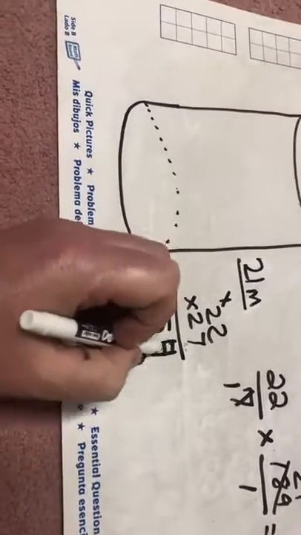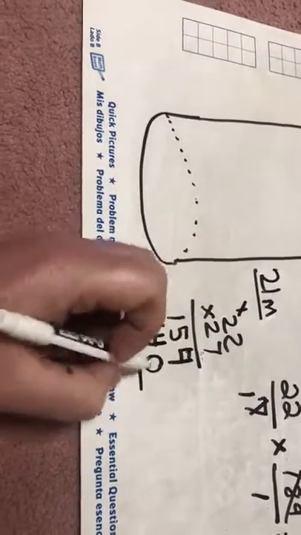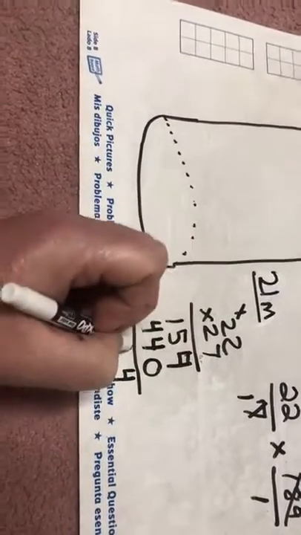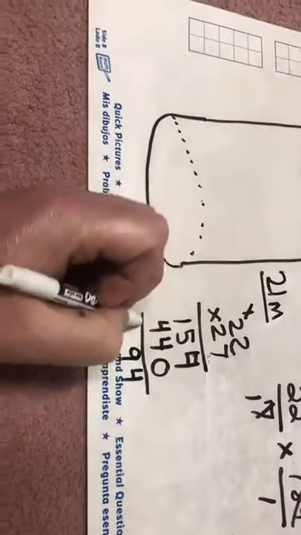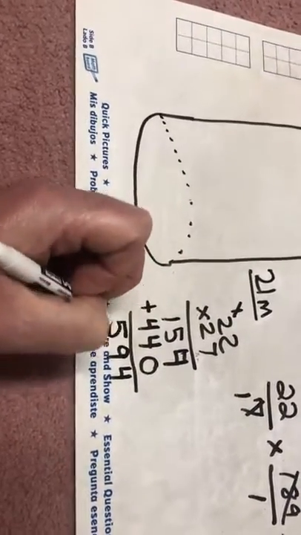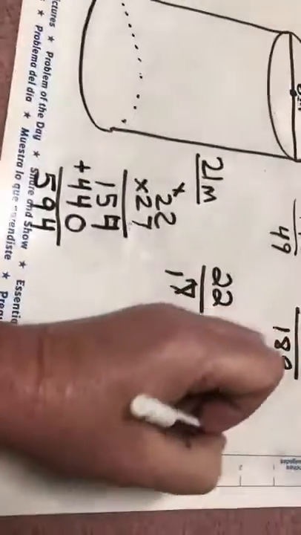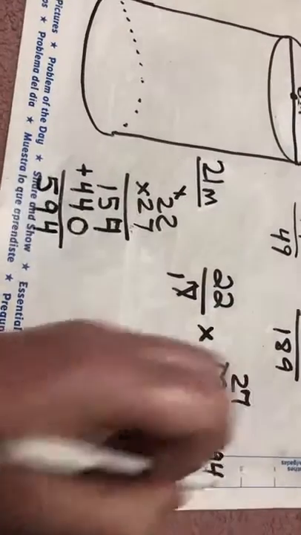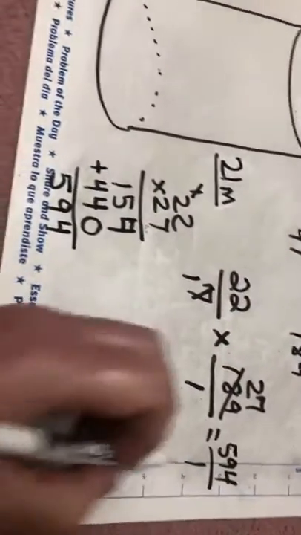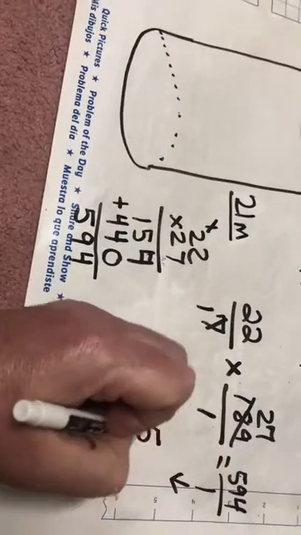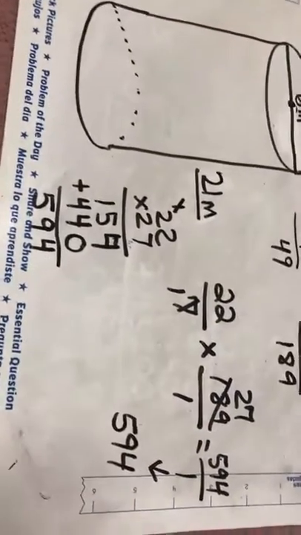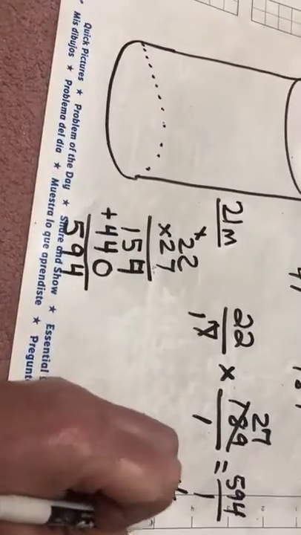When I add, remember this is a 4. 4 plus 0 is 4. 5 plus 4 is 9. 1 plus 4 is 5. So I get 594 over 1. We know that 594 over 1 just equals 594. I get 594 cubic meters.